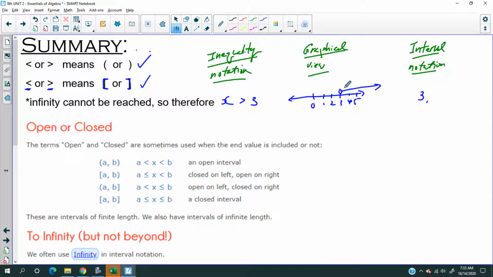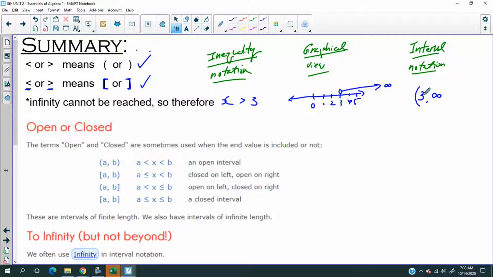Notice how I'm going all the way to infinity. By the way, that's the infinity symbol, that's how you write it. So I have to go all the way to infinity. And now here's the trick: do I use a parenthesis or do I use a bracket? You see how this is open-ended, how there's no line here? Parentheses.